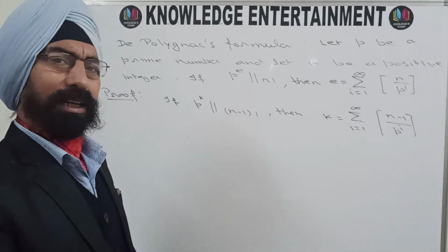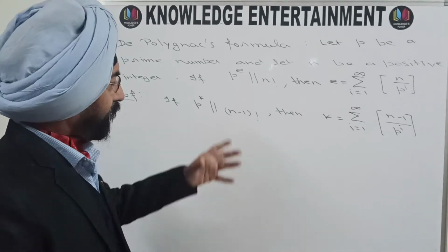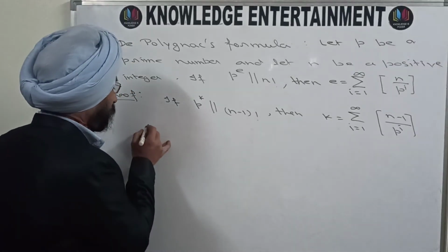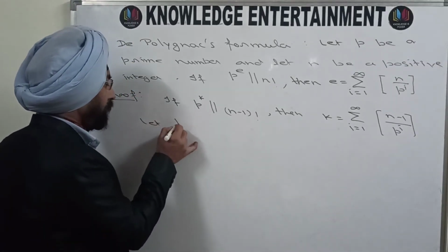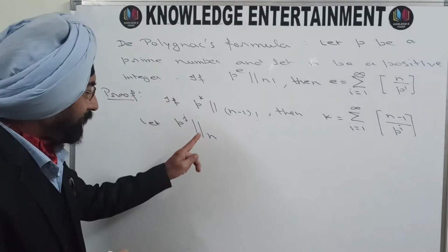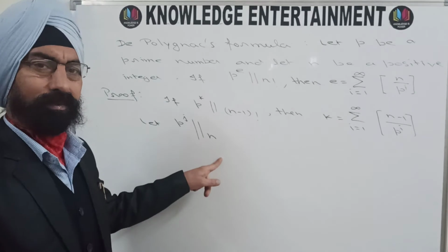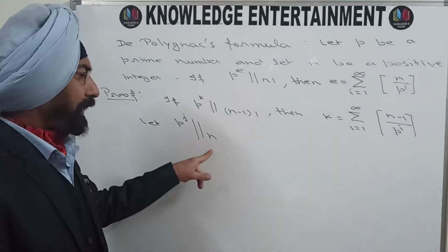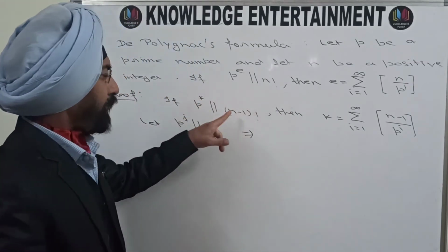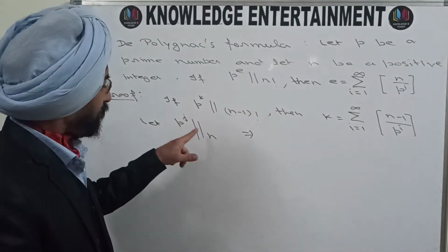Now we will move on to the final step, that means we will prove that the result is also true for n. For that, let p raised to the power j max divide n. I am not having n factorial here, only n. This means p power k max divides (n minus 1) factorial and p power j max divides n.